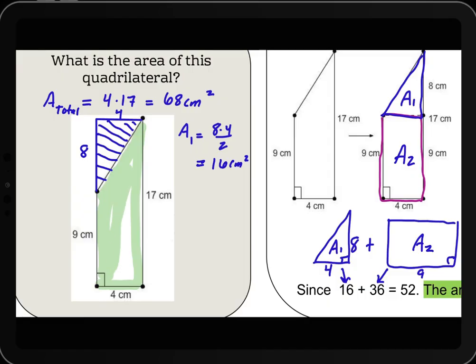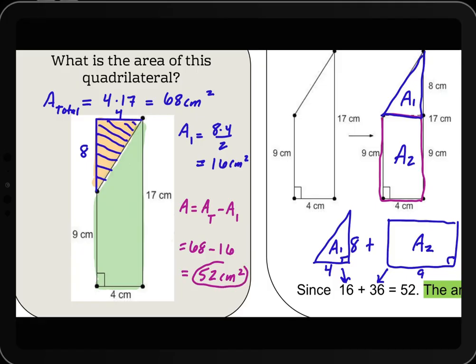So this is an example in my approach where I need to subtract the area of the triangle, which is in orange right here, from the total area of the figure, right? So the area that I care about, the area of the composite figure, I'll just call it A, is the area of the total minus the area of the triangle. So I get 68 minus 16, and that gets me 52 square centimeters.